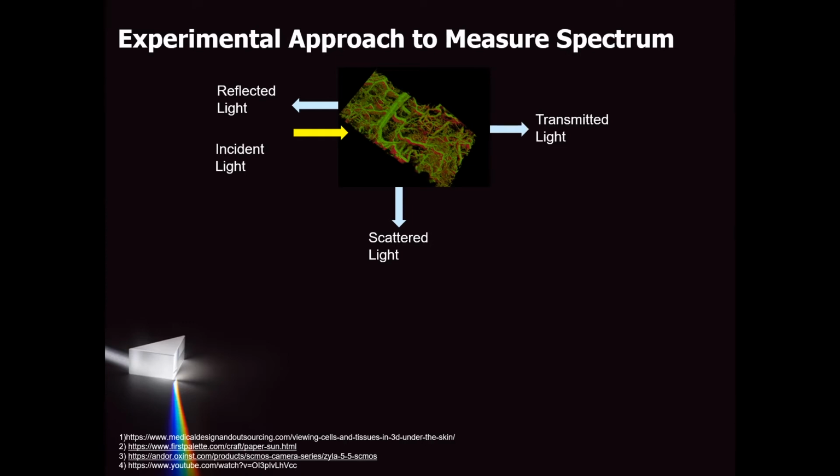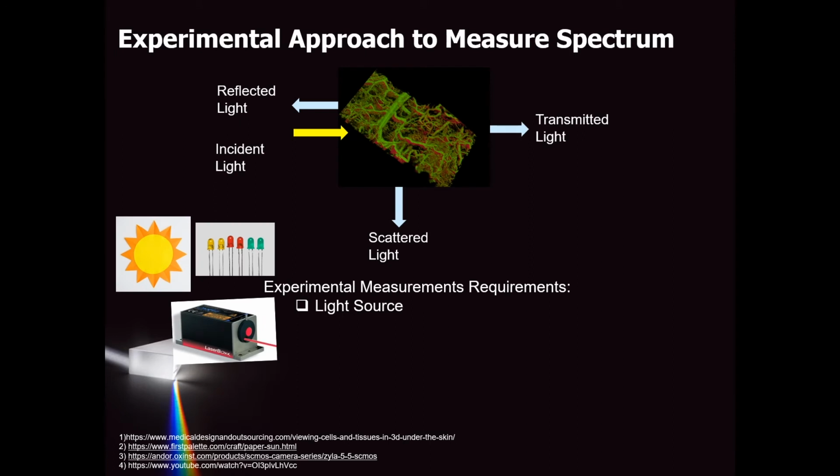So for experimental measurement, we will require a light source, like for example sunlight, or for example LED light or laser light. All of those will work for the imaging and spectroscopy that we want to do.